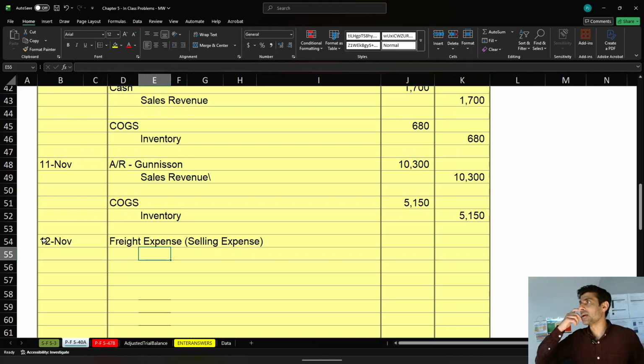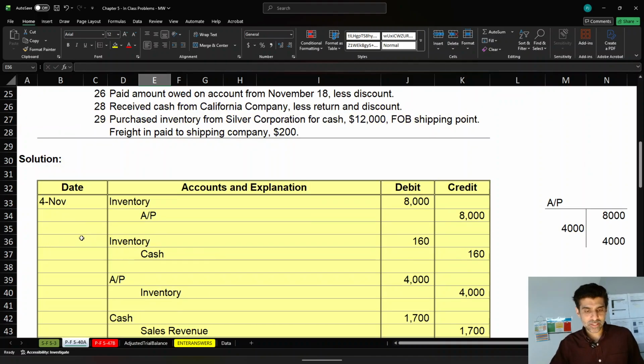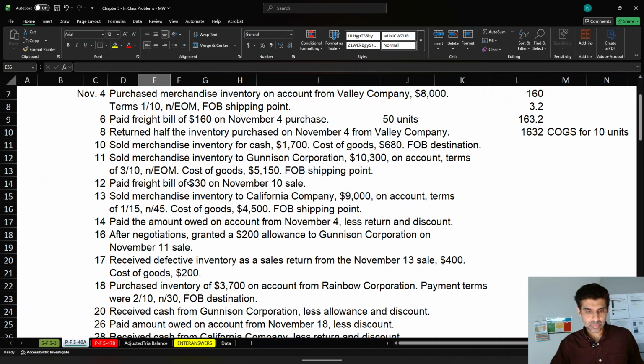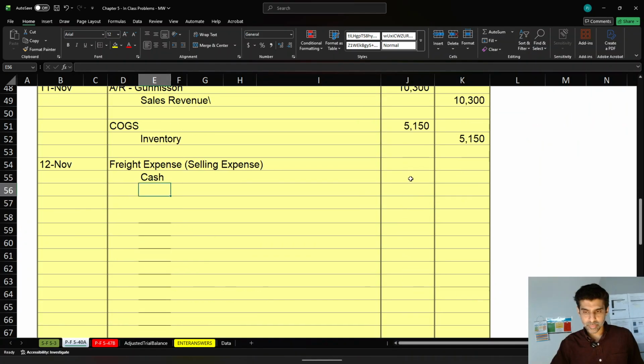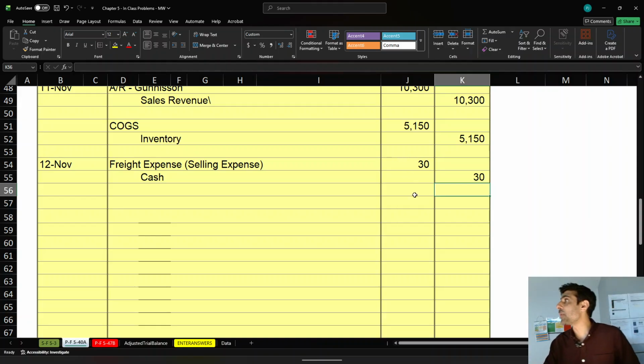It's a similar thing. Okay, and I think it said we're paying with cash. Yeah, $30. Okay, everyone good with that? You're going to have another one where you're paying freight for a purchase transaction. So again, that's going to be treated differently than this.